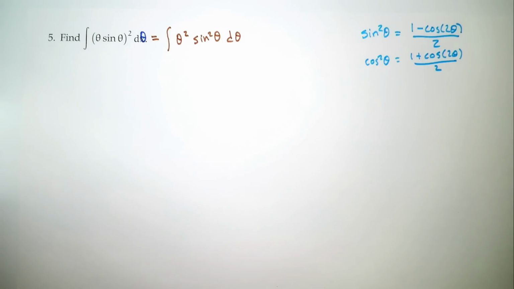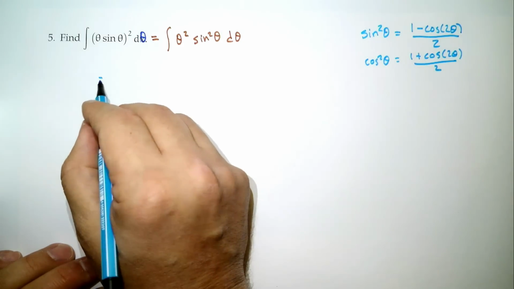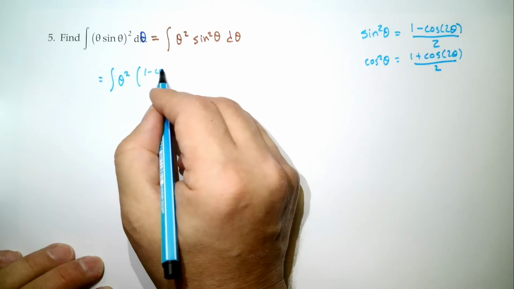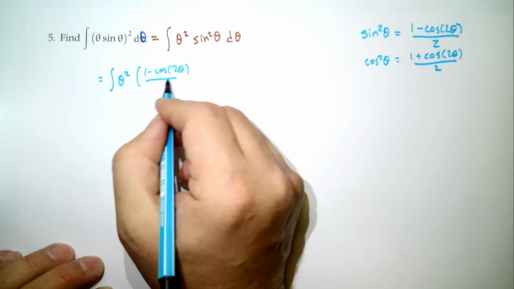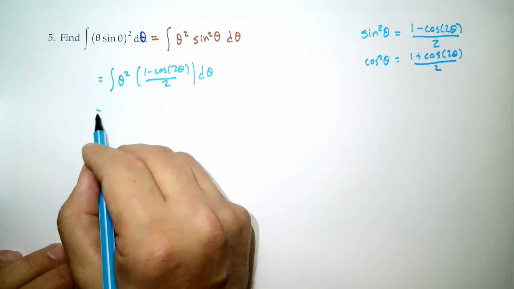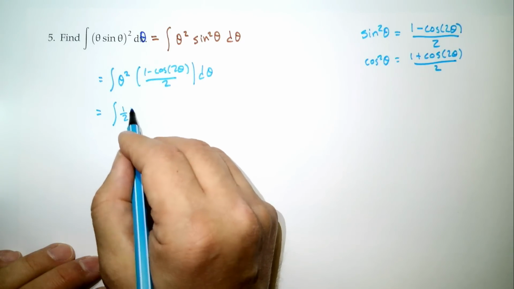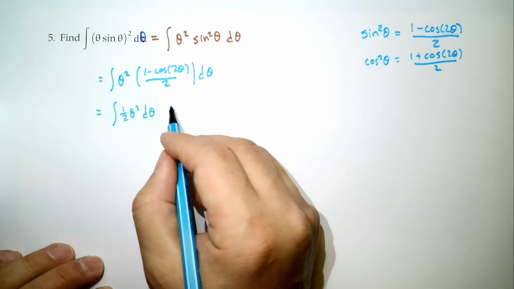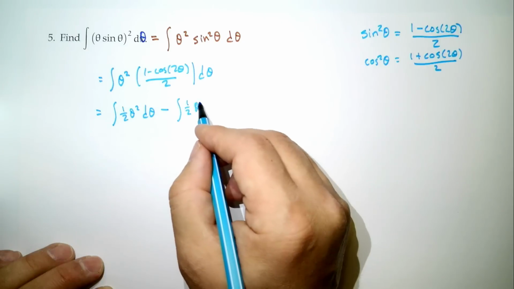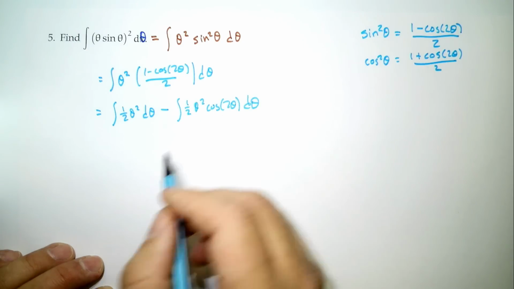So in this case, if we apply our nice power reduction rule, we get theta squared, and then we're going to get 1 minus cosine 2 theta over 2 d theta, which we can really break up into two integrals. So we have 1/2 theta squared, and then we have minus the integral 1/2 theta squared cosine 2 theta d theta.